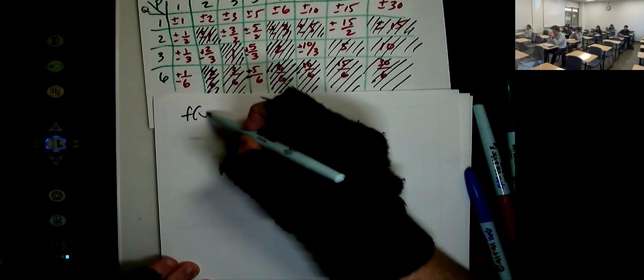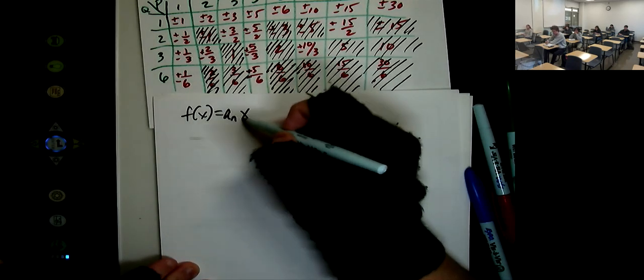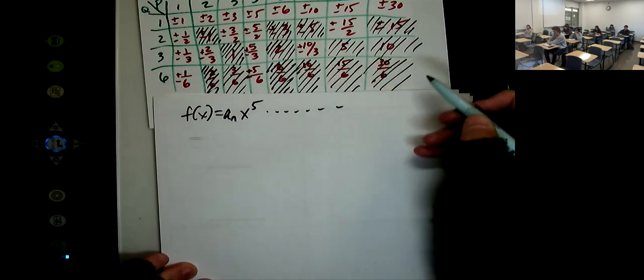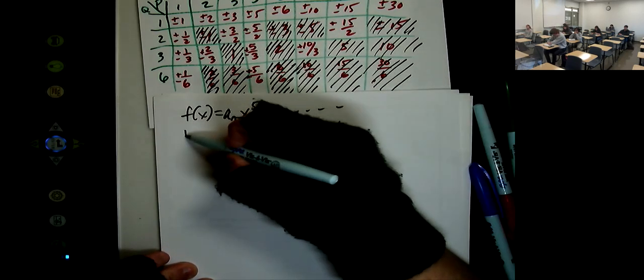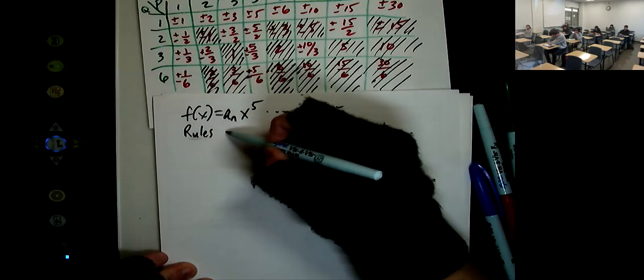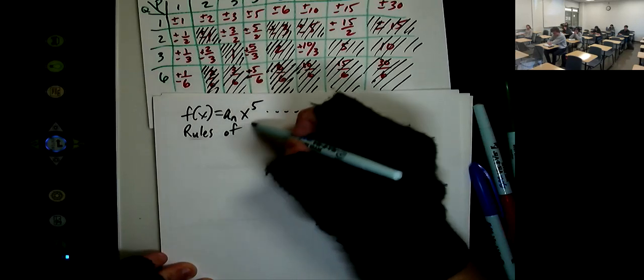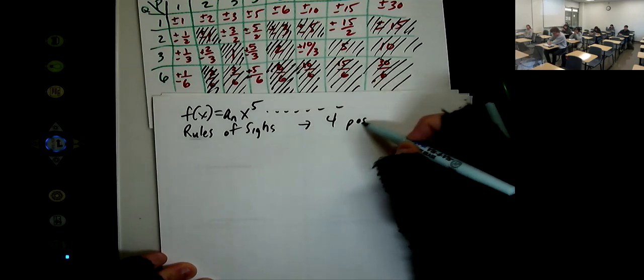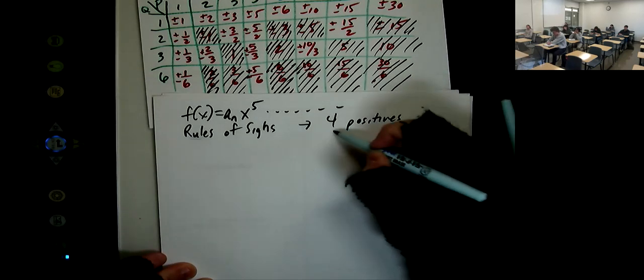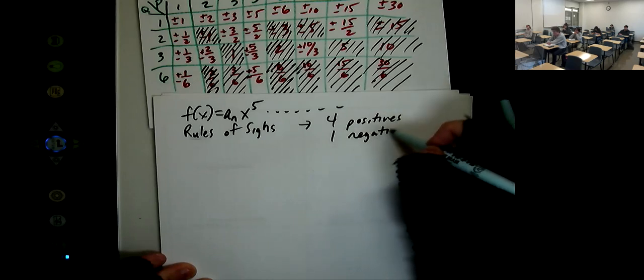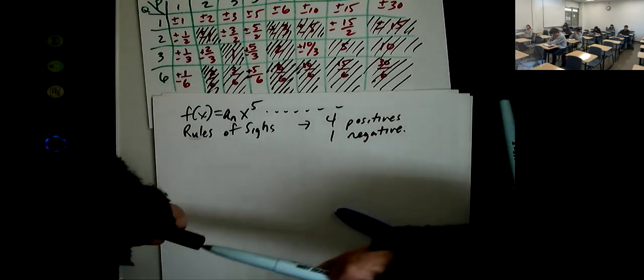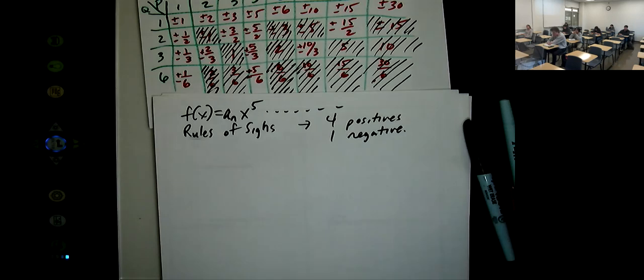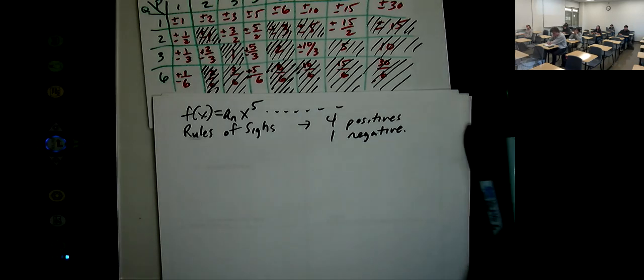If f of x has an a sub n x to the 5th power plus a bunch of other terms, and you do the rule of signs, the Descartes thing, and you show that you have 4 positive roots and 1 negative root, focus all of your testing on the section that has more answers.